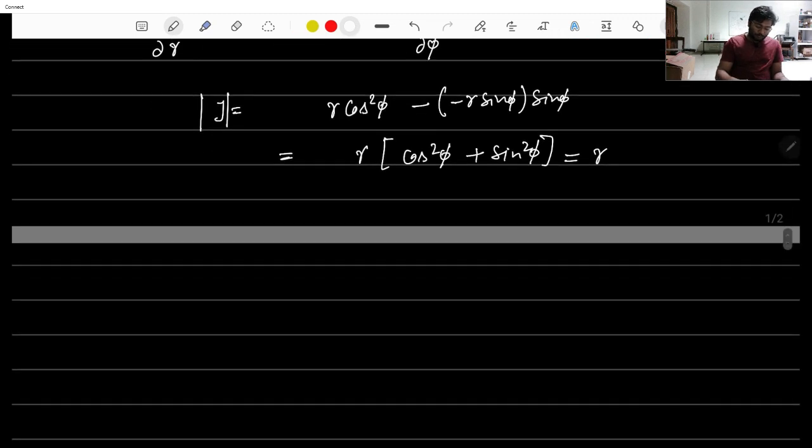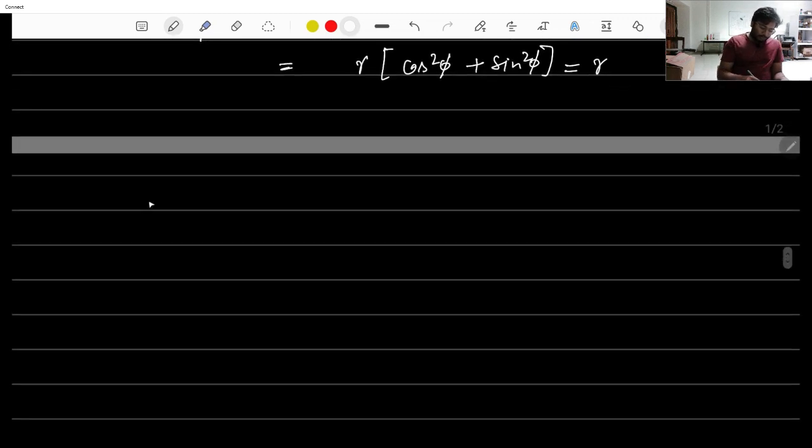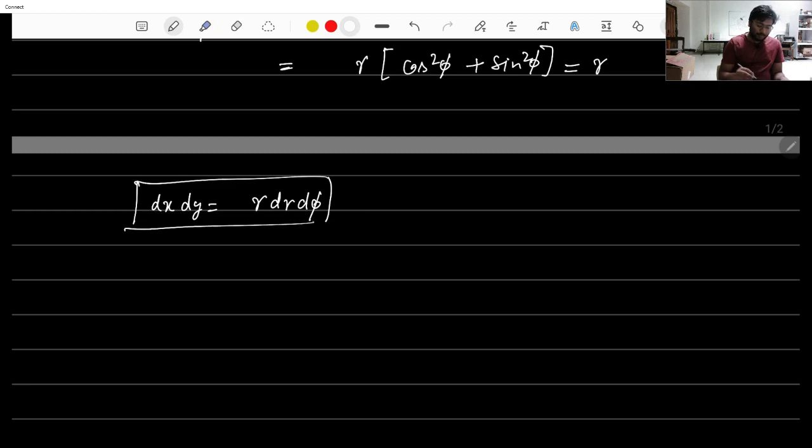So, now what will be the elementary area? dx dy will be equal to r dr d phi. So, this is actually the elementary area in plane polar coordinates. Now, let us return to our integration.